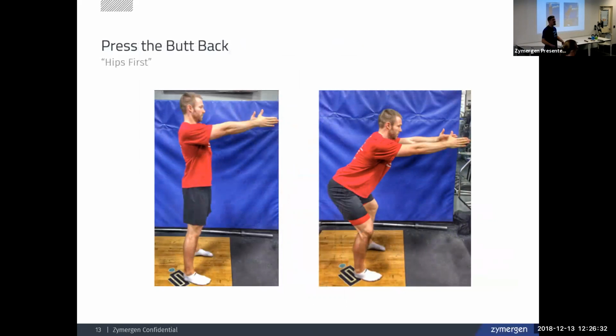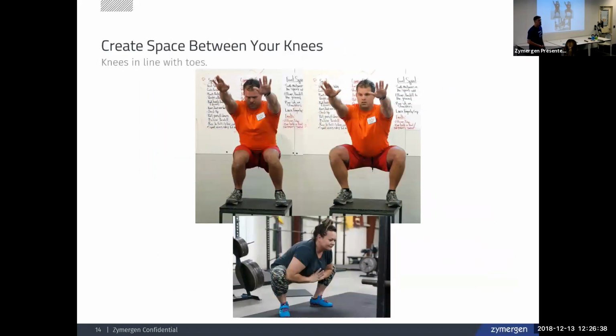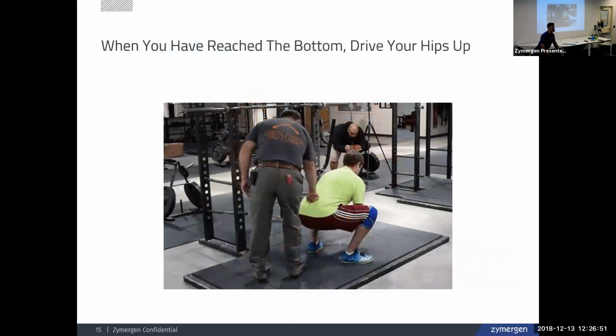That's how the movement starts. On the way down, we're going to create space between our knees. So let's get that breath. Tight. Butt back. Space between the knees. And as we descend, and then we get to the bottom, stand back up.